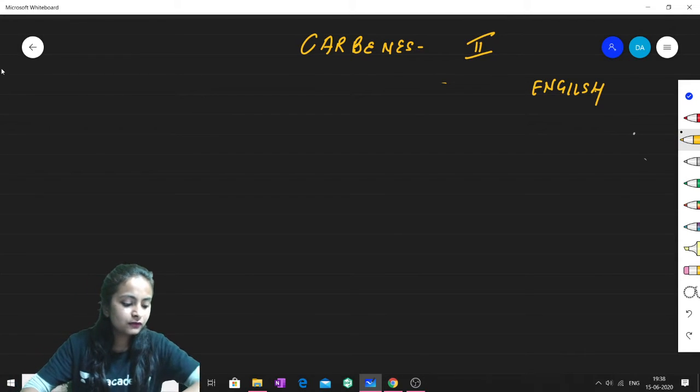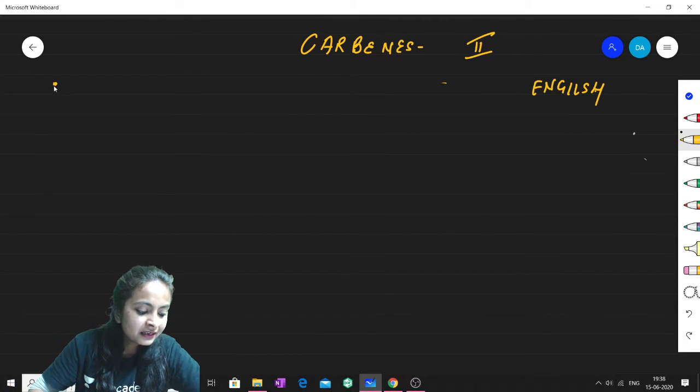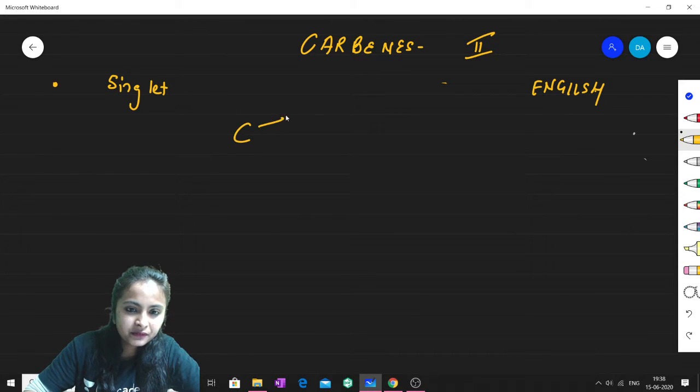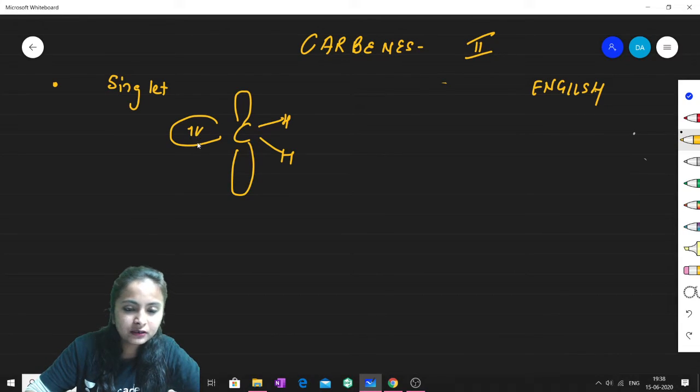The next point we have to consider here is this: I have written singlet, and in singlet we can easily see this type of diagram, with two electrons mentioned like this. So we say that it is paired, and since it is paired, it will be ESR inactive.